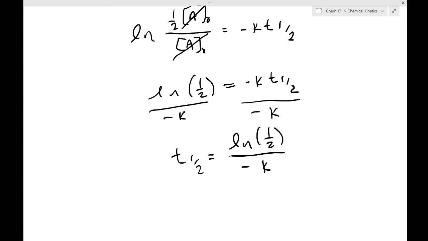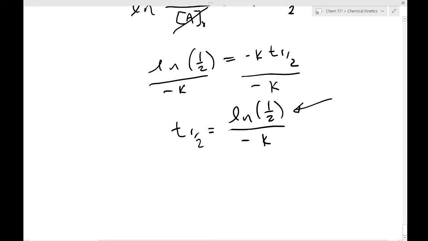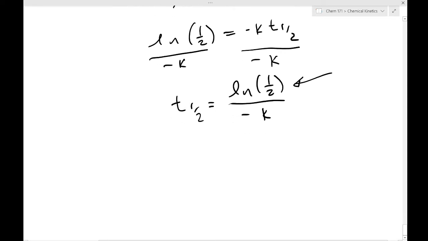Now, the natural log of 1/2 is a constant value, and so no matter what the rate constant is, we can always write this as t1/2 equal to negative 0.693, the value you get from ln of 1/2, divided by negative k.